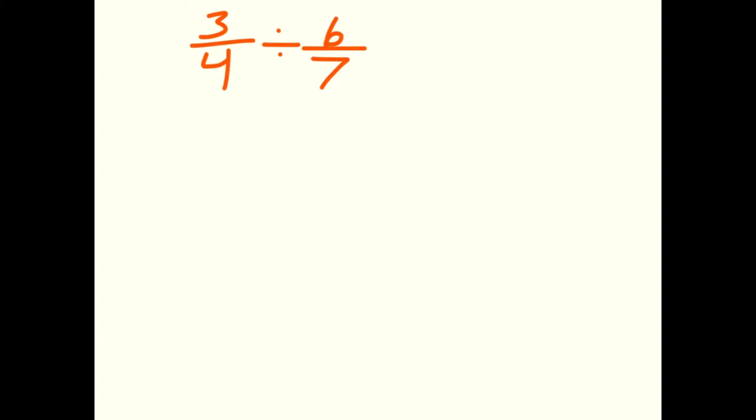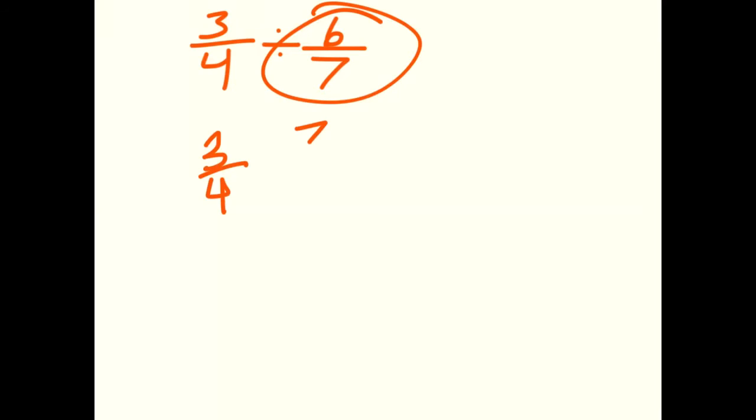Hello, today I will tell you how to divide fractions. Okay, so what you'll do is write 3/4, because that thing stays the same. But for the second one right here, you have to flop it.